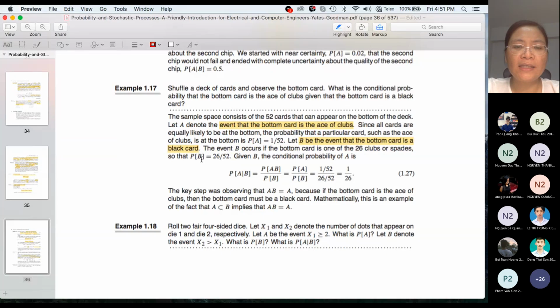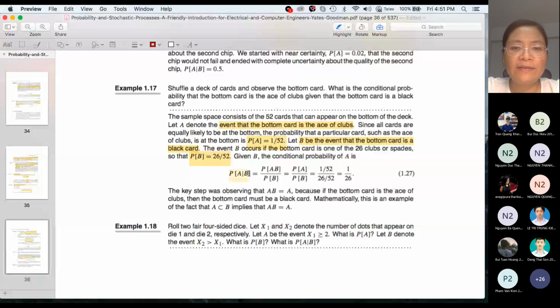We have 52 cards, 26 are red and 26 are black. So probability of B is 26 over 52. A is the ace of clubs, which has only one outcome, so probability of A is 1 over 52.